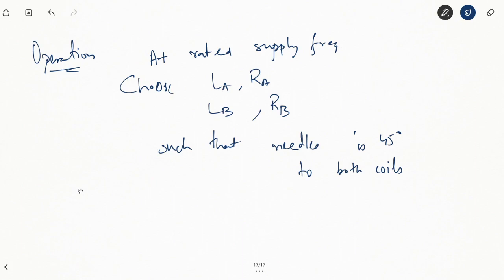In that case, the magnetic needle will tend to align itself more towards coil B.